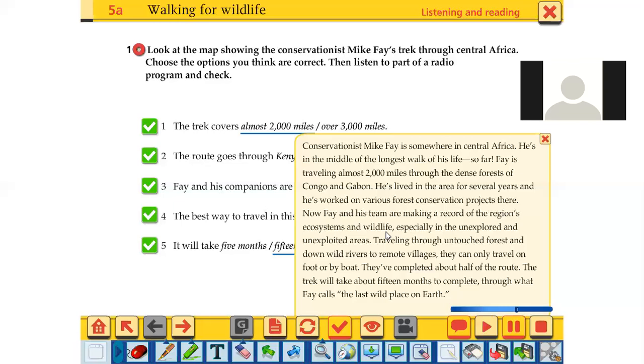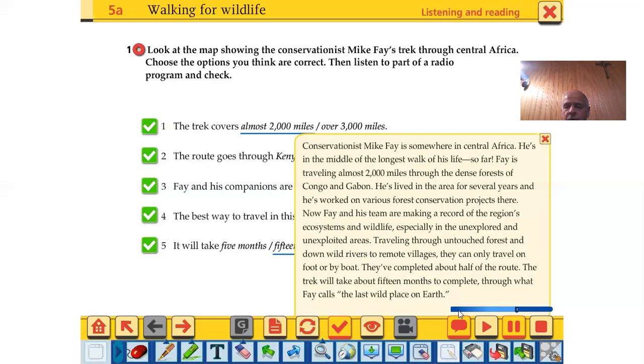Kimberly, what is wildlife? Like animals that are wild. Yeah, all the animals are wild. Okay, so we don't know how many animals are there, but he made a registration of those animals. He made a record of it. Okay, so it's quite difficult to do it, all right? Okay, and especially in unexplored and unexploited areas.